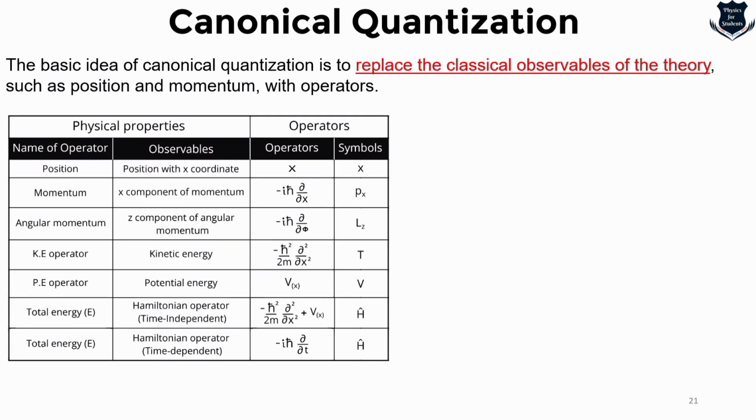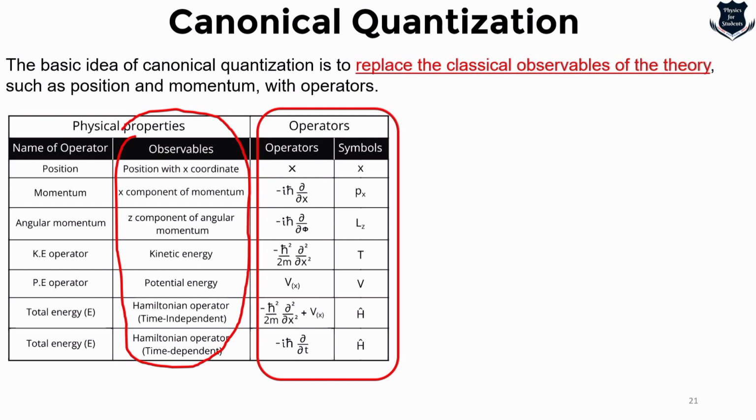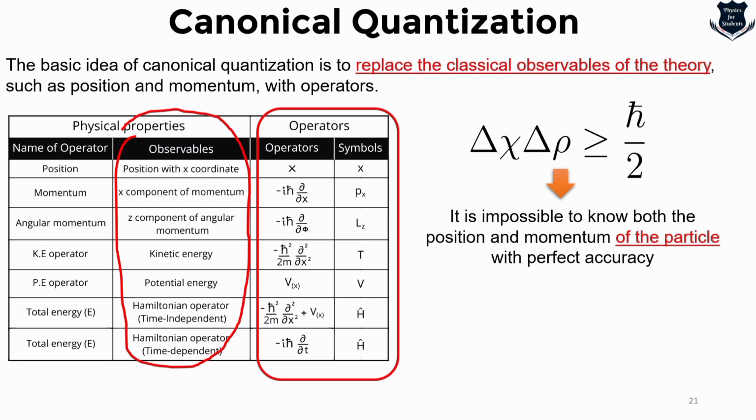You see, these are the observables: the position, momentum, kinetic energy, total energy, the left one, which I just underlined in red. And these are now being changed into what are called operators, that is quantum mechanical operators. What do I mean by that? If observables become operators, then Heisenberg's uncertainty principle in the classical way tells us that it is impossible to know both the position and momentum of the particle with perfect accuracy.